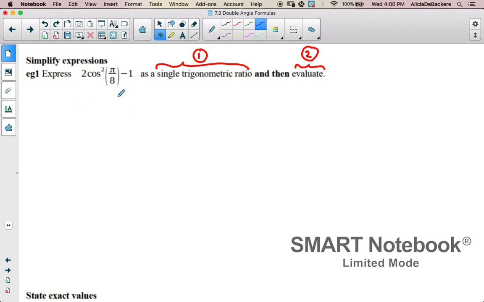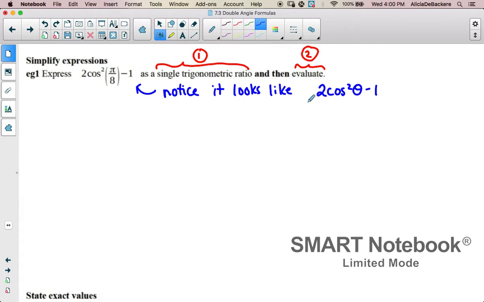Now, when I look at this, one of the things I might try to do is identify a special angle, and we have pi by 8 here, not a special angle, so that's not helpful for me. But what I do notice is that it looks kind of like our double angle formula, the double angle formula for cosine that looked like this.